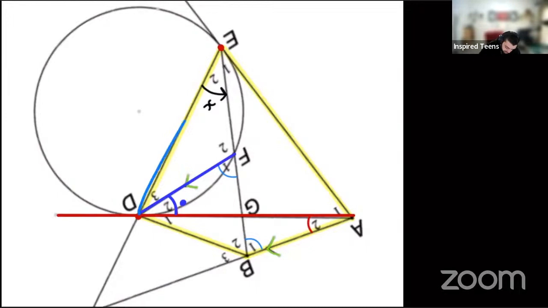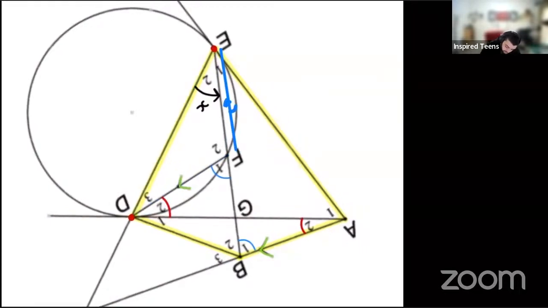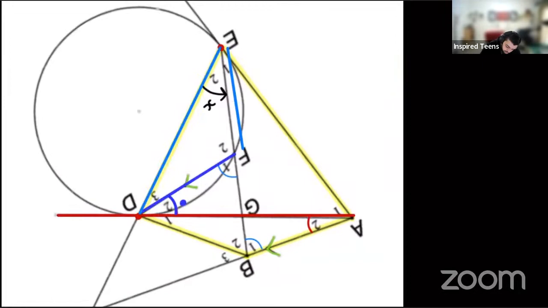So this chord FD subtends E. So it creates angle X. Therefore, E2 should be equal to D2, and that's why D2 is equal to X. So we've proven that E2 is equal to D2.